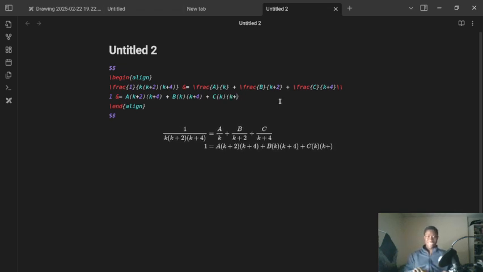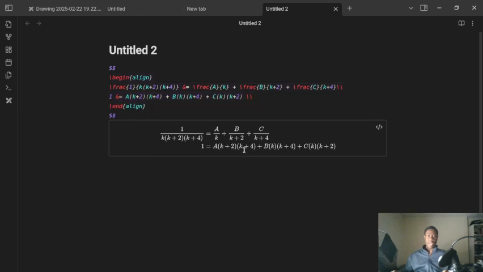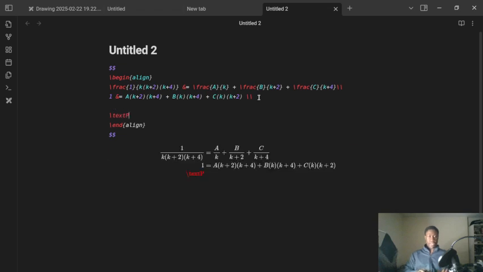Okay, so now that we have this form, it's a matter of setting different values of k strategically in such a way that I only have to care about one specific coefficient, A, B, or C. Let's start.